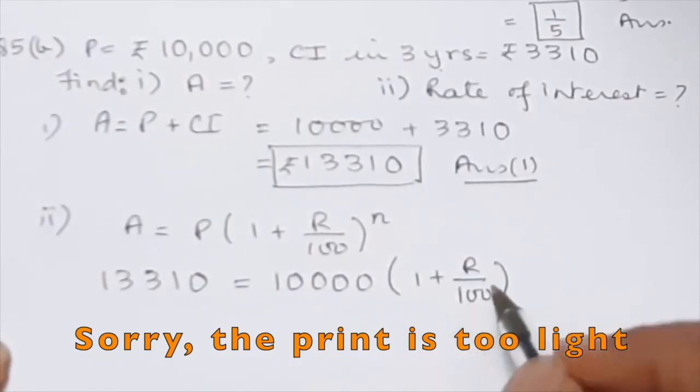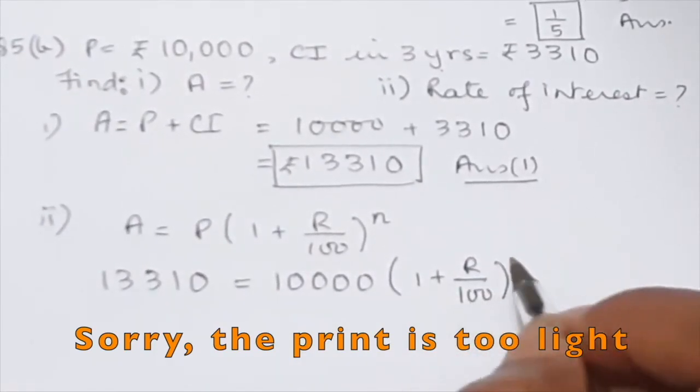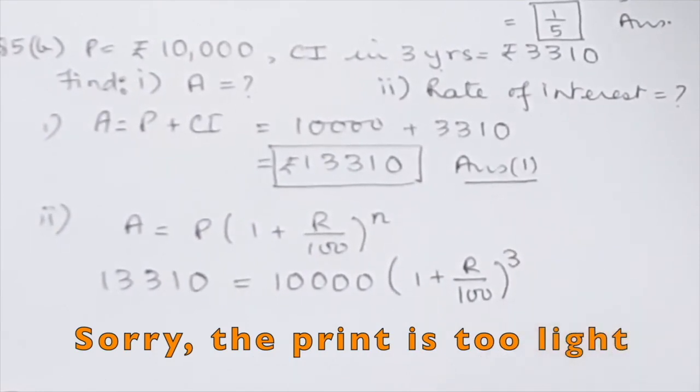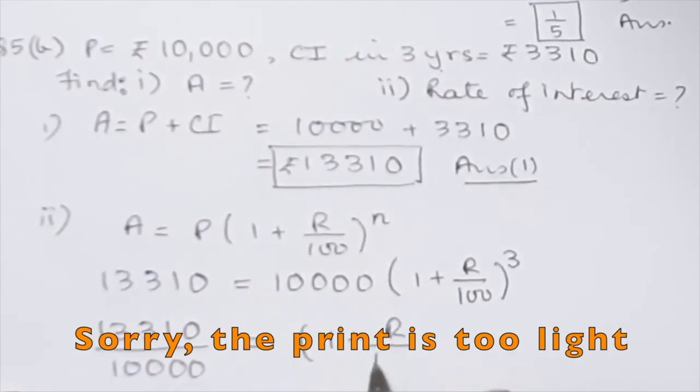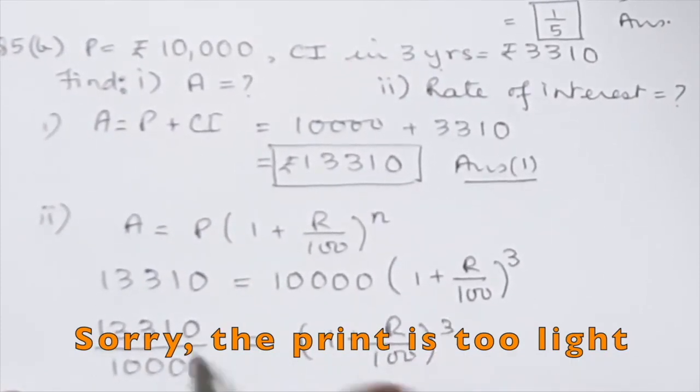And remember, we have been given CI for 3 years. So n becomes 3. Now we are going to take this 10,000 this side. So 13310 upon 10,000 is equal to 1 plus r upon 100 to the power 3.